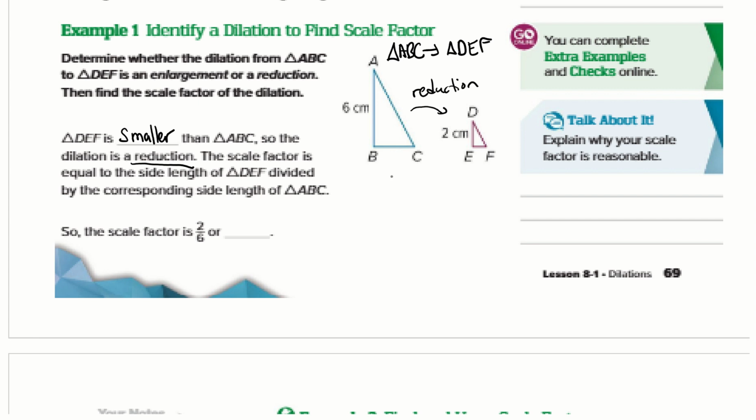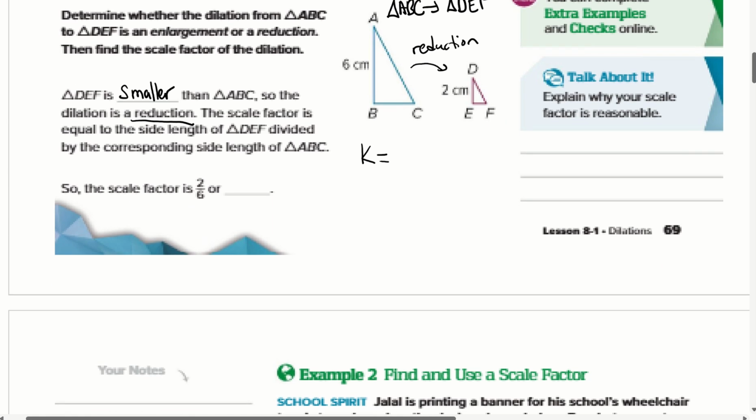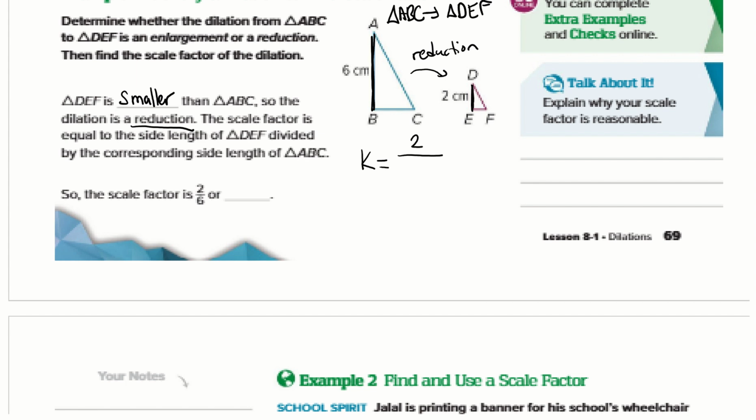The scale factor is equal to the side length of triangle DEF divided by the corresponding side length of triangle ABC. So if we find the scale factor, remember it's image divided by pre-image. Well, the image is this red triangle, the smaller one. And so the image length is 2 centimeters. And then the corresponding length to that is the 6 centimeters. Remember, it's corresponding because they match up. So remember, AB matches up with DE.